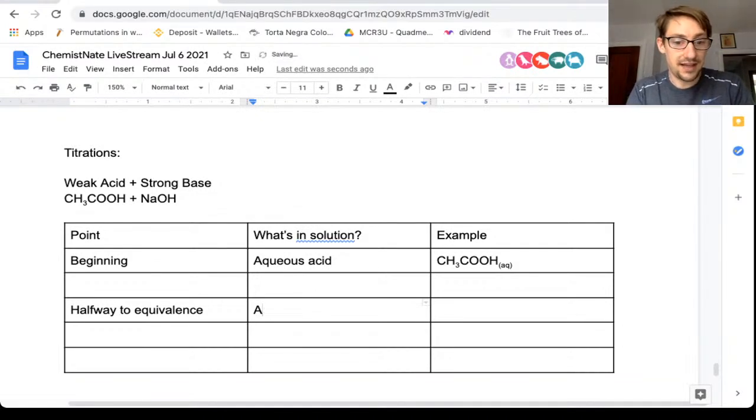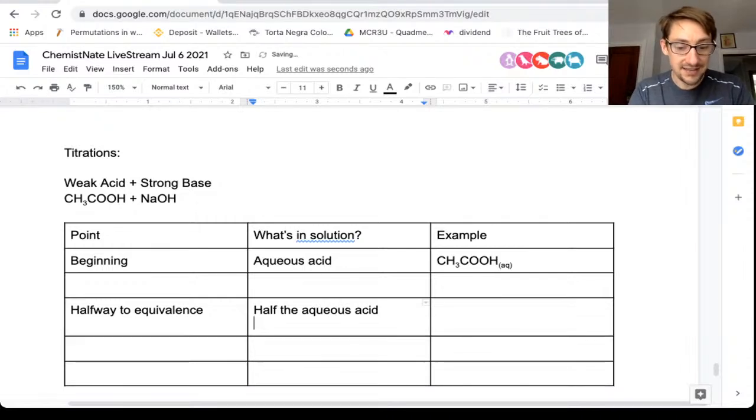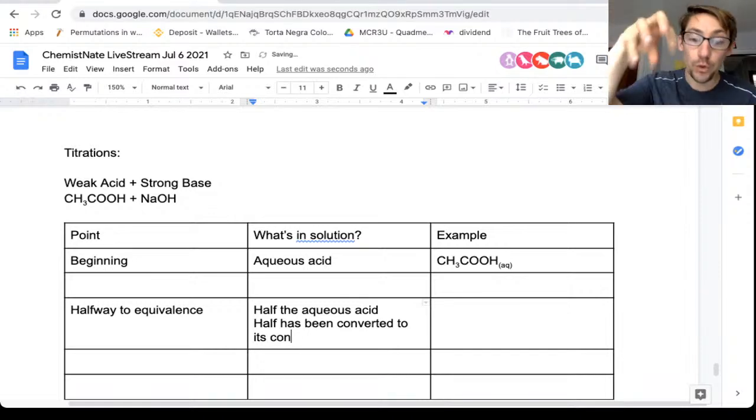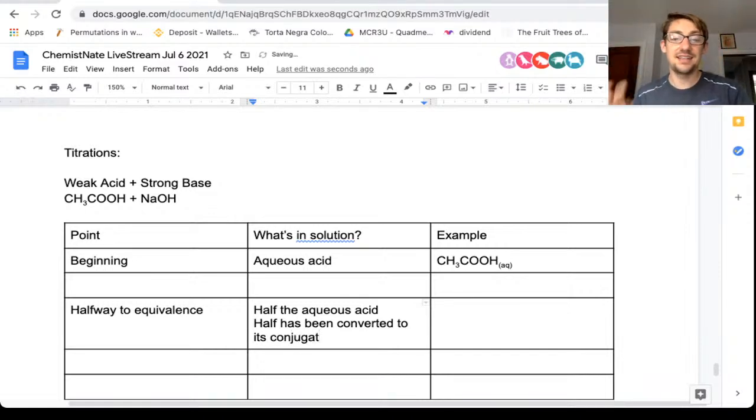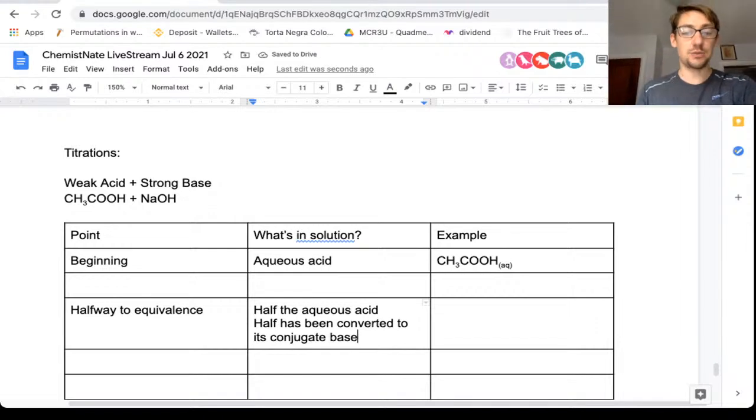So you have half of the aqueous acid remaining in solution, and half has been converted to its conjugate base forcefully, as in the NaOH forced the CH3COOH to become CH3COO-.